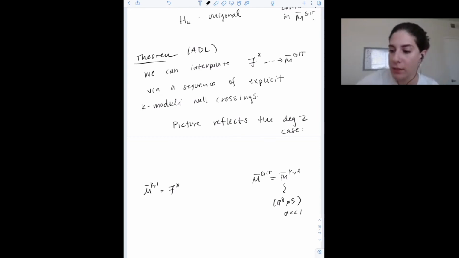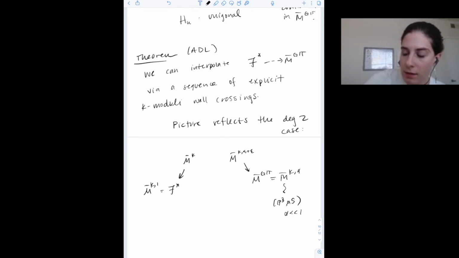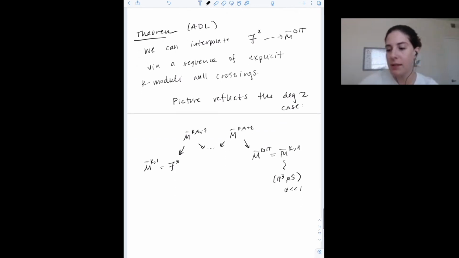And there's a sequence of explicit K-moduli spaces here and here, where we can write down exactly what happens in between.